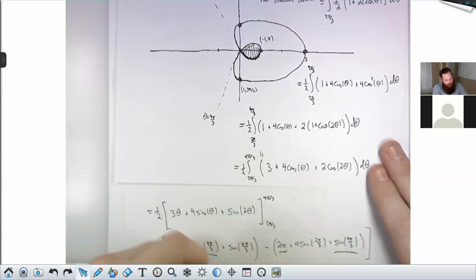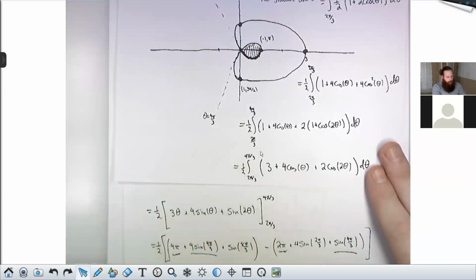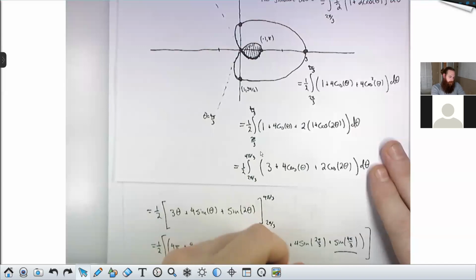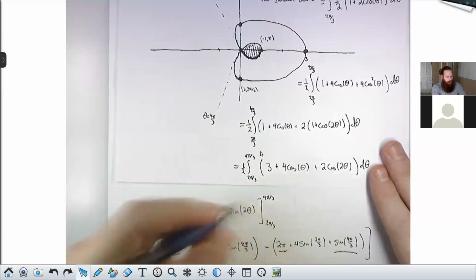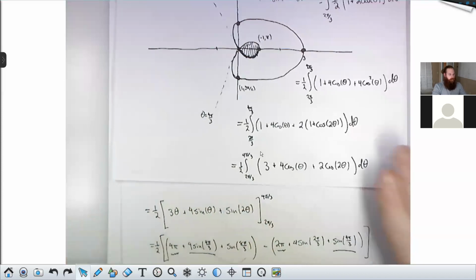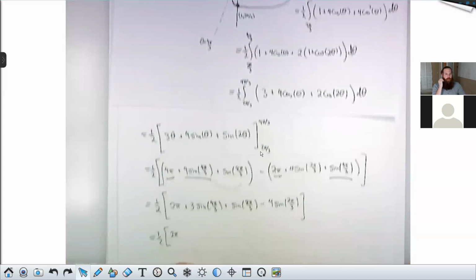So 3 sine of 4 pi over 3. And then the other 2 I just have to deal with. Sine of 8 pi over 3 minus 4 sines of 2 pi over 3. And then we think about our unit circle.